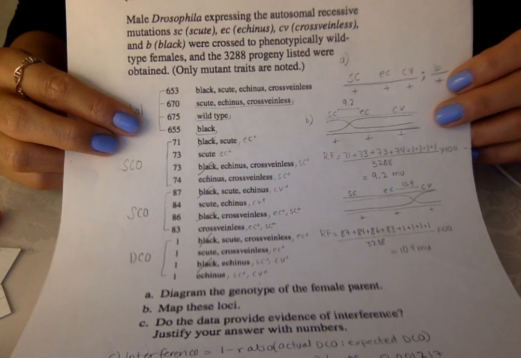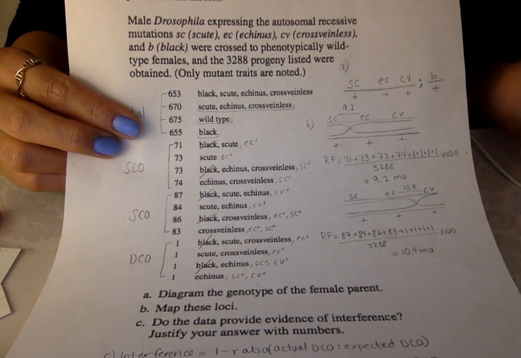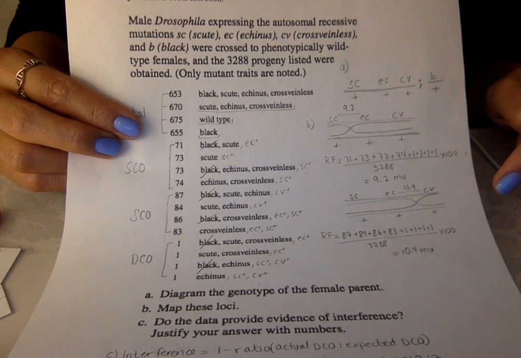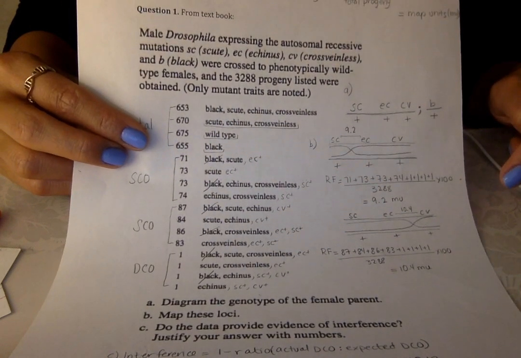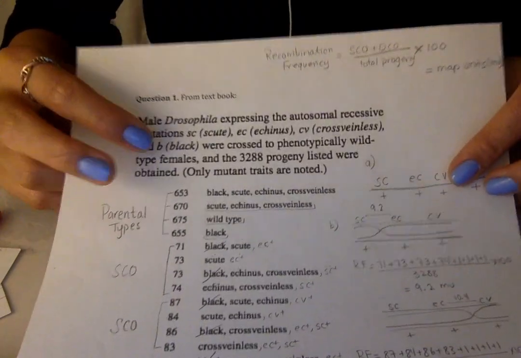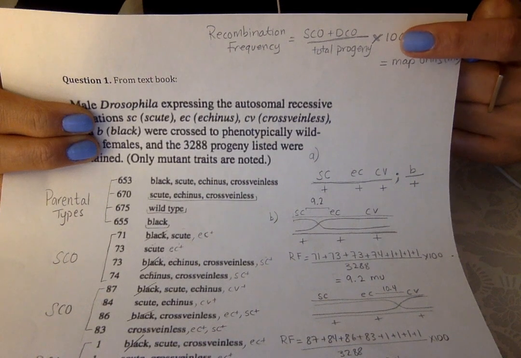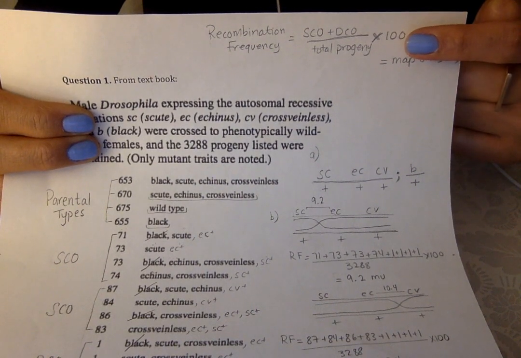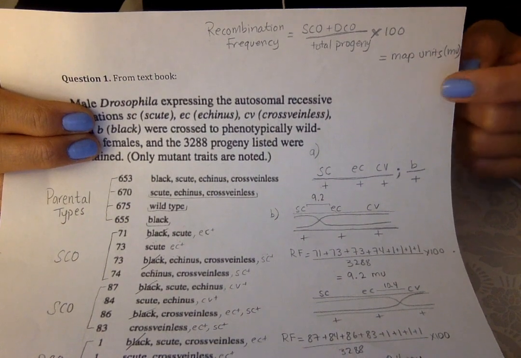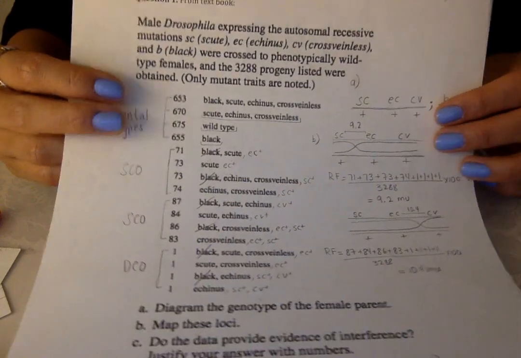And you look at their segregation pattern in the single crossover and double crossover events. So remember that the formula for recombination frequency is this up here: single crossover plus double crossover divided by total progeny times 100, and the answer is in map units, okay?